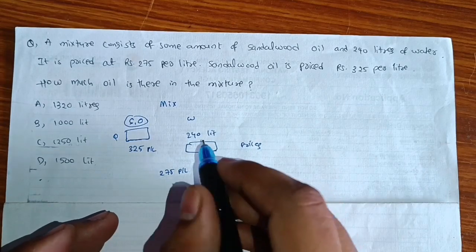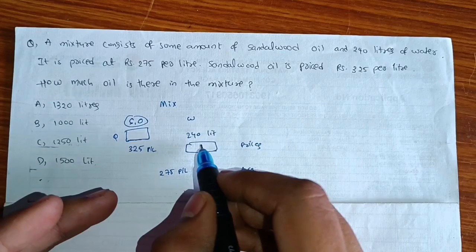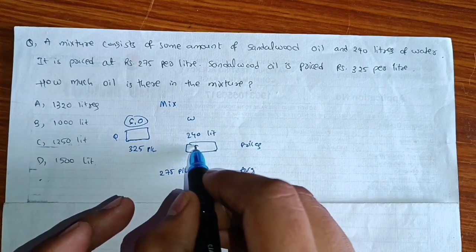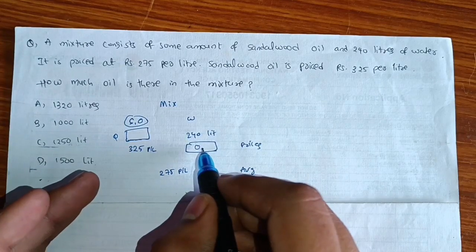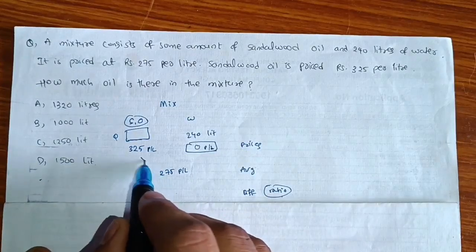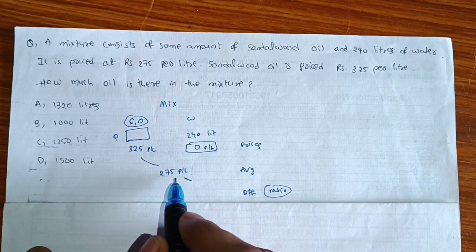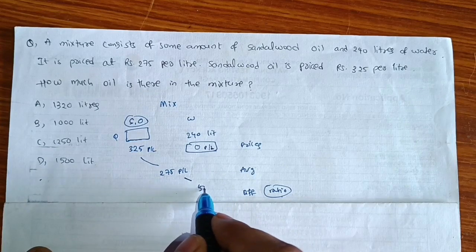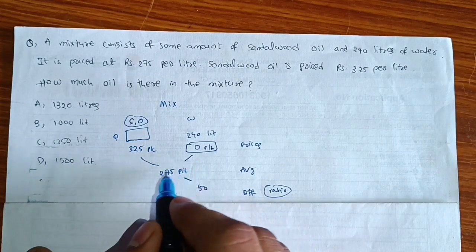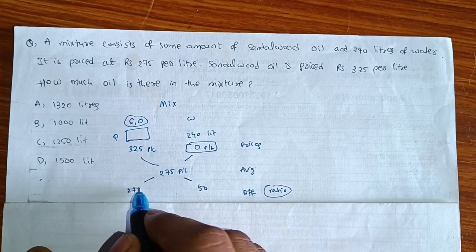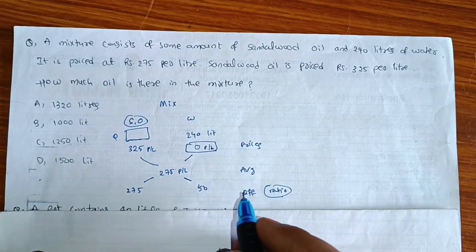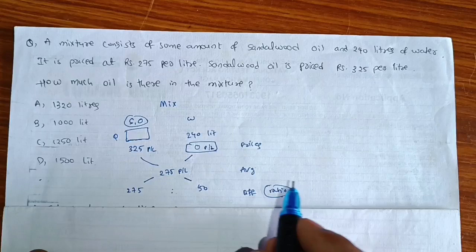For this type, if anything is not given, you can directly assume it as 0. Now make the differences: 325 and 275, the difference is 50. Again the difference of 0 and 275 is 275 only. The difference is the ratio.